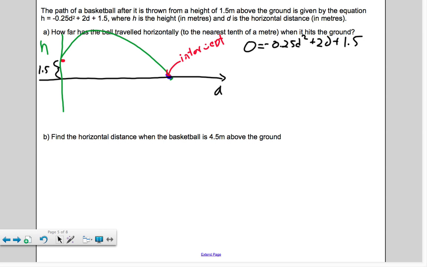So the plus 1.5, will that always be the height that the ball's thrown at? In this particular instance, yes, that's the equation, right? It depends on the shooter when they shot the ball. For example, when we did the marble experiment, it happened to be 74 centimeters to the desk, right? But what happens if I put a book on top of the desk and then you shot off of there? Your equation changes.